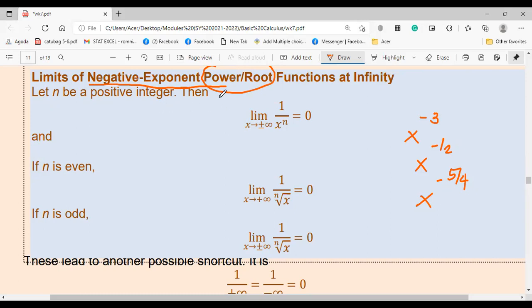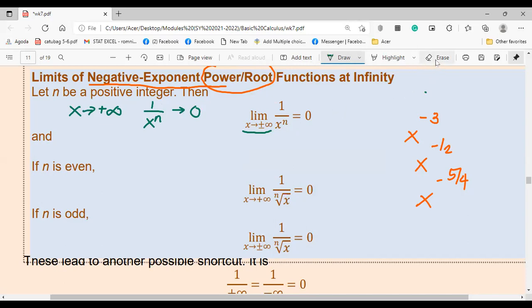If you let n be a positive integer, sabi niya, ang mangyayari daw, yung 1 over x raised to n ay magiging 0, habang ang x ay nag-i-increase without bound. It means to say that when x keeps on increasing, itong si 1 over x raised to n daw ay papunta sa 0.